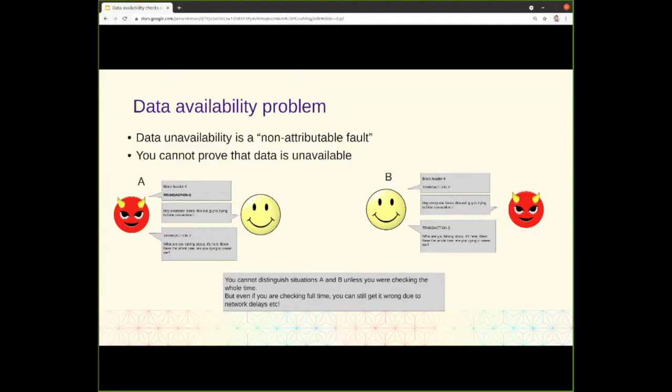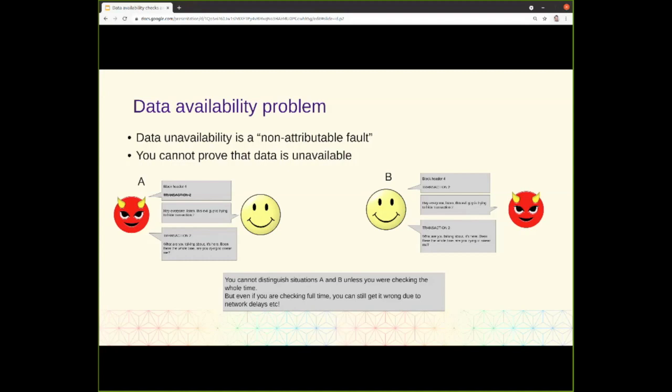And situation B is different. Here the producer was actually honest. They did publish it. Then some other evil guy claims that they were trying to hide the data. And once again, afterwards, the good guy will say it was always there. The problem is that the light client cannot observe which of these situations is the true situation.